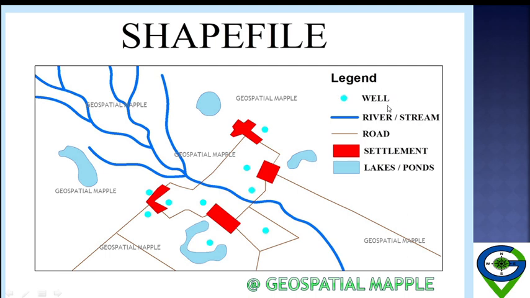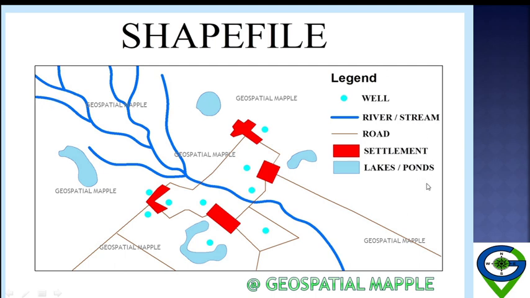Point denotes the well. So wells are represented over here by a dot of blue color. Then the settlement is a polygon. This is the polygon. And here also the water bodies, lakes or ponds are represented by a polygon. So this is the example of a shapefile.